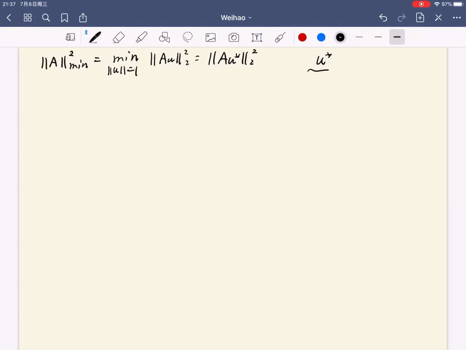Because this u star is r-dimensional, one of the entries of u star must be greater than or equal to 1 over root r. So we have, we call that entry entry i.